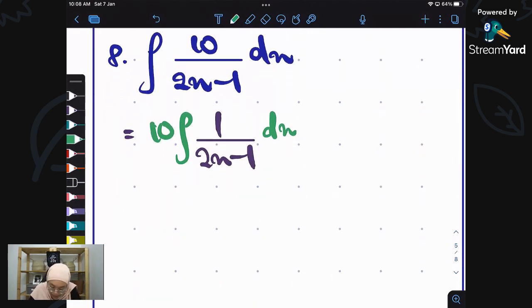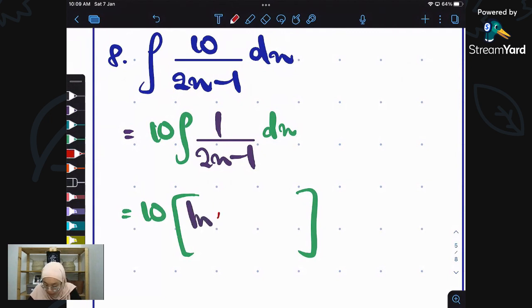And so the answer is just 10, and then I put a big bracket, and then inside the bracket should be ln apa? What do you think? Ln 2x minus 1. Maybe I should use purple color, 2x minus 1, okay? And then I'm not finished.